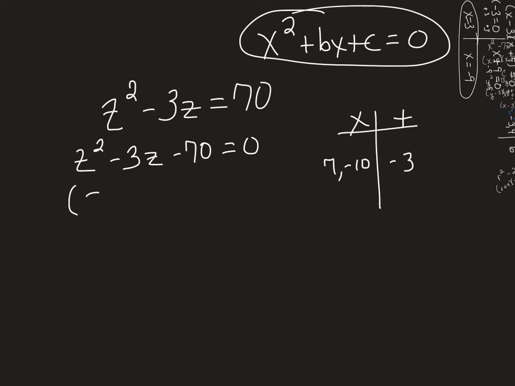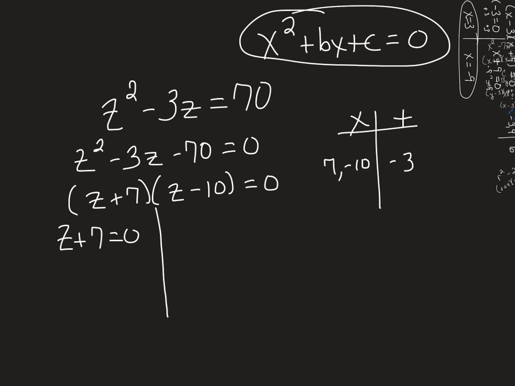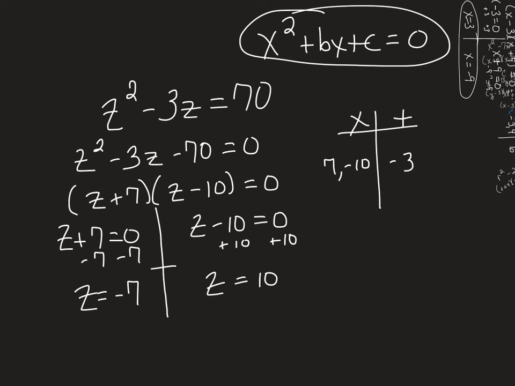So our factors are z plus 7 and z minus 10 equals 0. So either z plus 7 equals 0 or z minus 10 equals 0. If we subtract 7 from both sides, z equals negative 7, or we can add 10 to both sides, and z equals 10. So we have solved this.